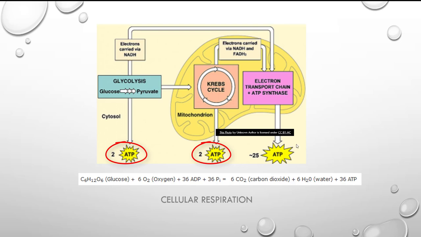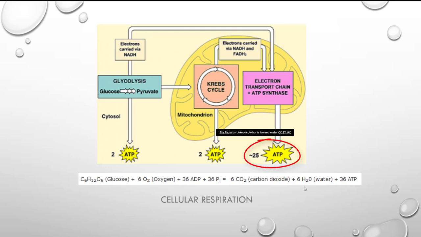And then once we get into the electron transport chain, those carriers drop off those electrons, which provides enough energy to pump hydrogen ions across the membrane. Once they are across the membrane, it creates that electrochemical gradient. So when that ATP synthase opens up, hydrogen ions diffuse across through chemoosmosis, which generates enough energy to yield a bunch of ATP.